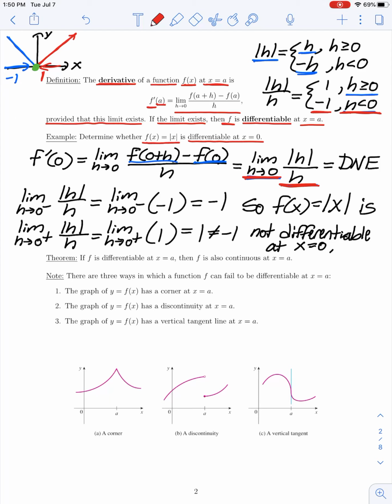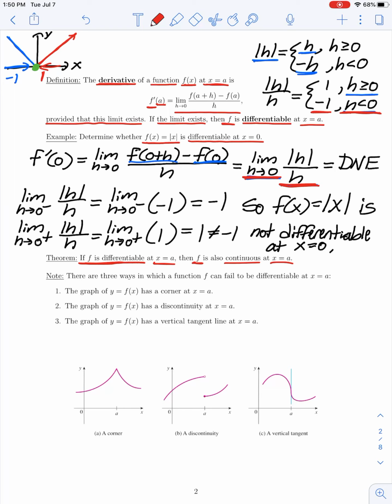Now, related to the idea of a function being differentiable is its continuity. So we have a theorem that says if f is a differentiable function at x equals a, that is, if its derivative exists at a, then f must also be continuous at a.